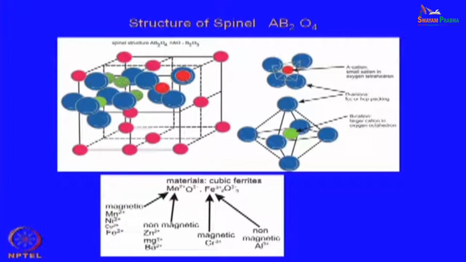There is another variety of spinel structure which is called the inverse spinel structure, in which there is a redistribution of the two types of cations present, A and B cations.